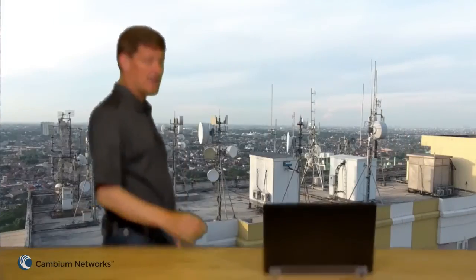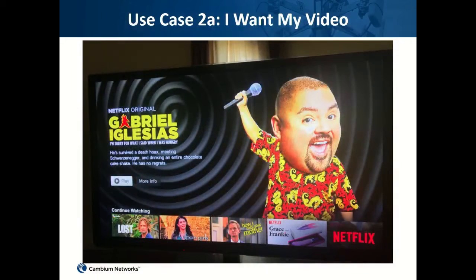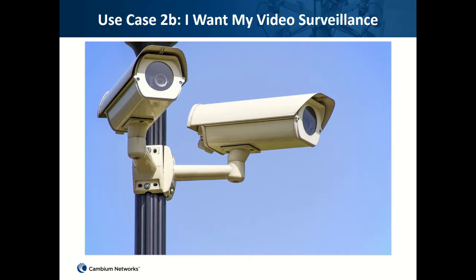Okay, now we continue to talk about why we would have multiple sectors and the different cases of multiple sectors and the different uses. One use might be you have mainly households and they want to have their throughput sent to them. They want their video, they want their internet, they want whatever that they want. Downlink is everything. The second one is you might have some use cases where you're doing video surveillance, and then the direction of the throughput is totally opposite.